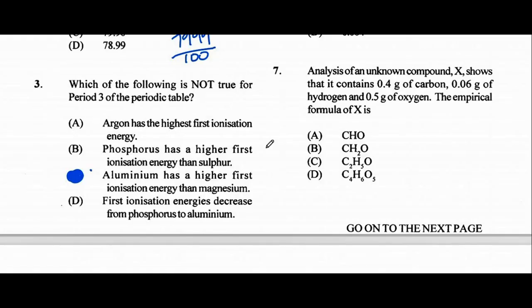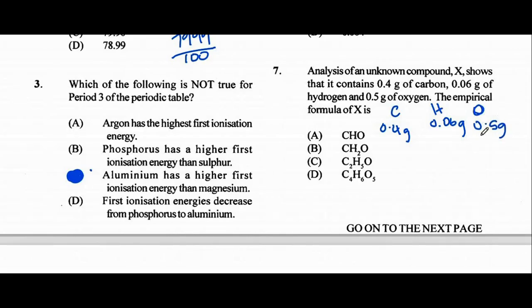Analysis of an unknown compound X shows that it contains 0.4 grams of carbon. So we have carbon, we have 0.06 grams of hydrogen, and we have 0.5 grams of oxygen, right? So we have 0.4, 0.06, and 0.5 grams.